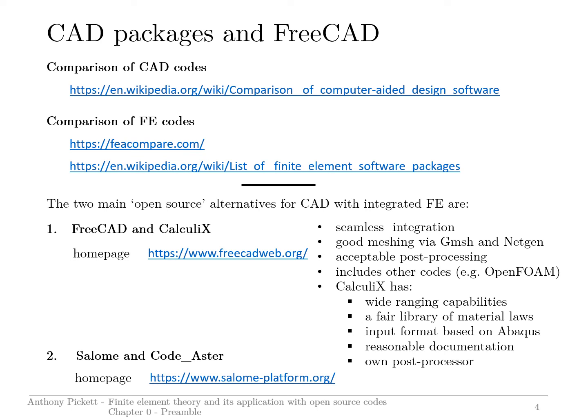The post-processing in FreeCAD of the CalculiX results is not great, but I think it's perfectly good enough for these sort of teaching purposes. And there are other possibilities. You can use ParaView, which is an open source post-processor, and CalculiX does also have its own post-processor, which is again not great, but quite reasonable.